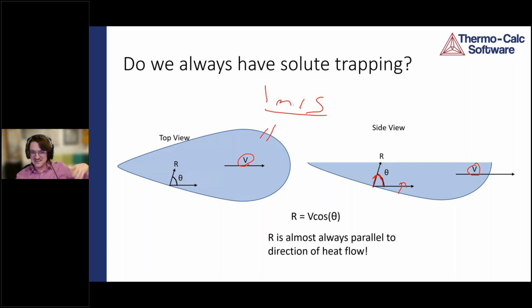If this angle is 60, then the actual solidification speed is half of the velocity, right? And if it's 45 degrees, then the solidification speed will be 0.7, whatever it is for cosine of 45, right? So just keep that in mind. We might not always have solute trapping, even if we are solidifying or rastering the laser quite quickly, because the solidification velocity is not always the speed of the melt pool.